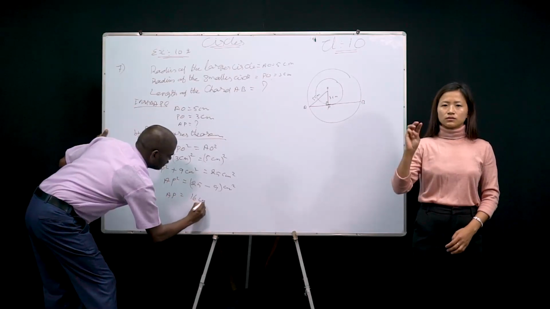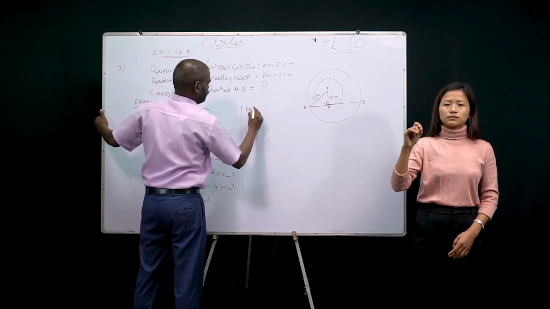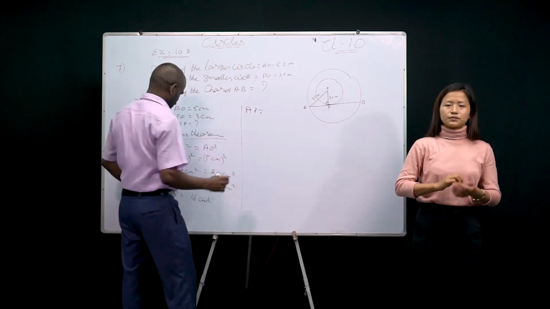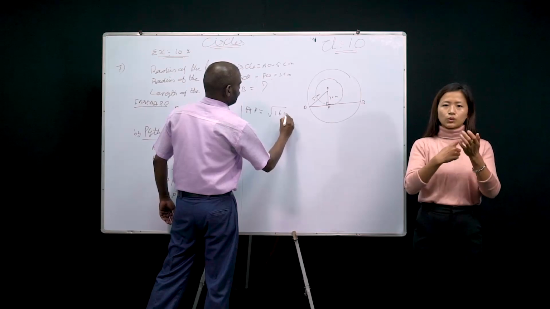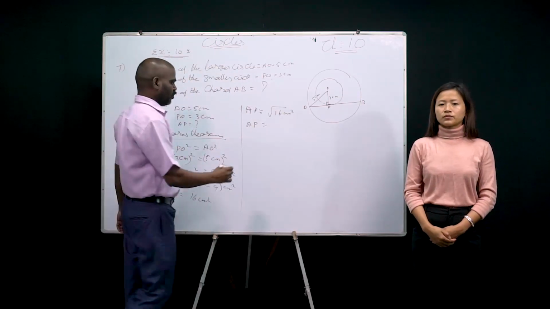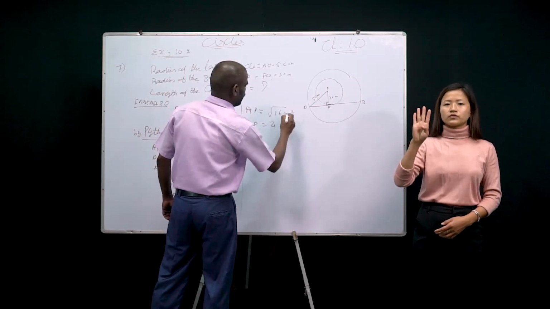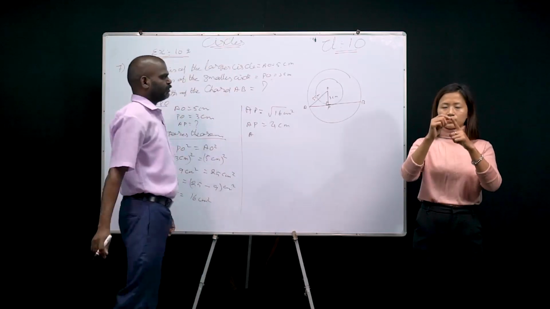Yes, 16 centimeter square. AP, remove the square. As I said, you have to put which one? Root. Square root of 16 is how much? 4. So AP is equal to 4 centimeter.